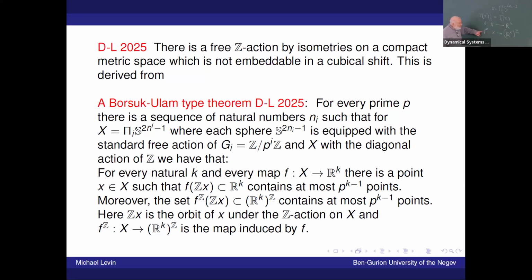This map is equivariant and is defined in the following way.